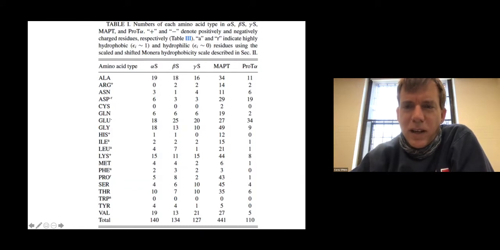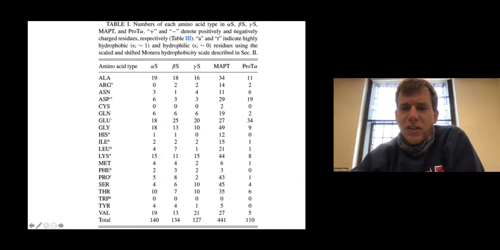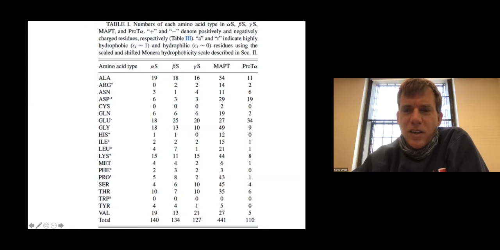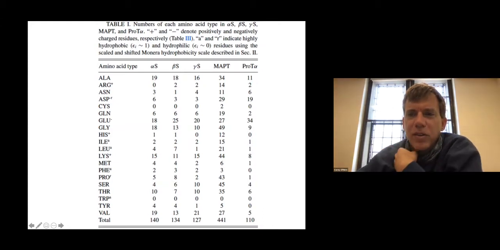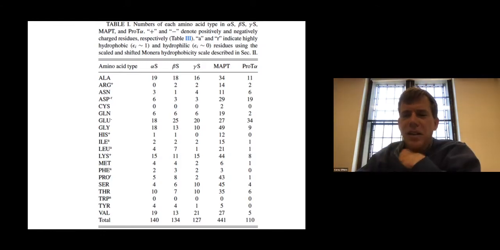The capital T at the end stands for tau. It's the largest protein that we considered. It has 440 residues. The synucleins have around the same number, between 127 and 140 residues. And Pro-T alpha is a little bit shorter.